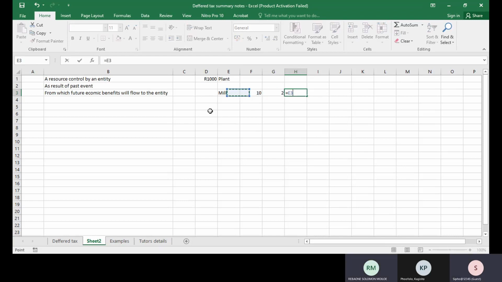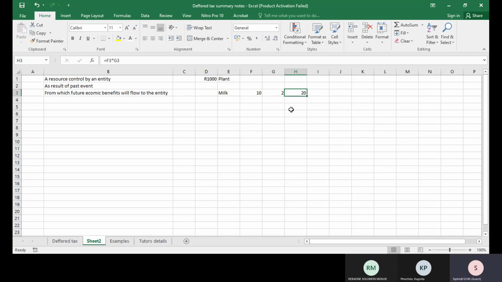So you're producing 10 milk using this plant, and then you're selling it at 2 rand at Pick n Pay. Obviously, they will add a markup and sell it to me as a final consumer. So this 20 rand, Solomon, it's actually future economic benefits. You agree with me? Because this is how much you're going to generate from using this plant in producing the milk.